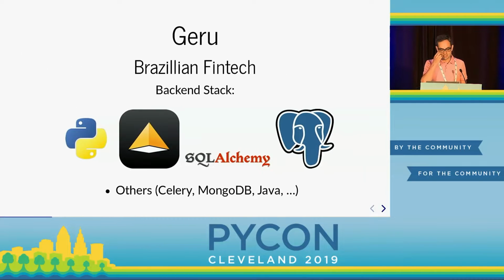So Geru, as I said, is a Brazilian fintech. We do loans without collateral, completely online. You don't have to visit the bank or anything like that. Our backend stack is pretty much all Python. We use mostly Postgres for storage.